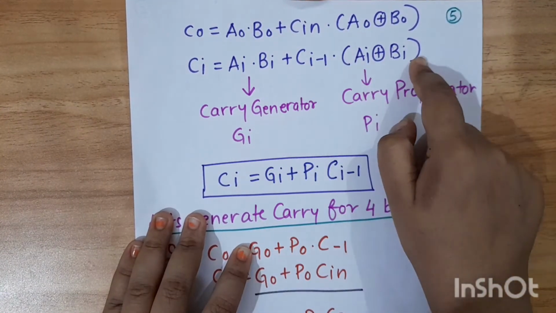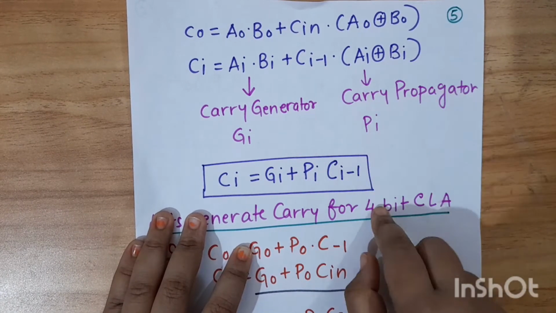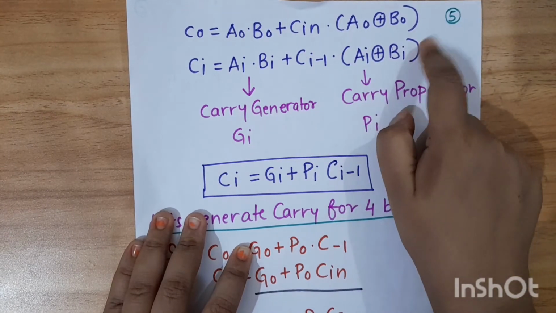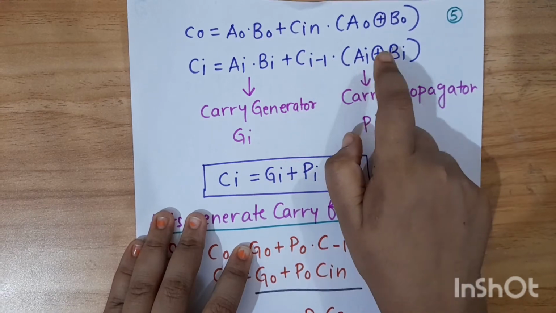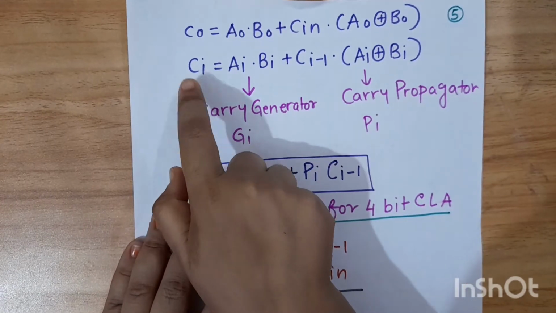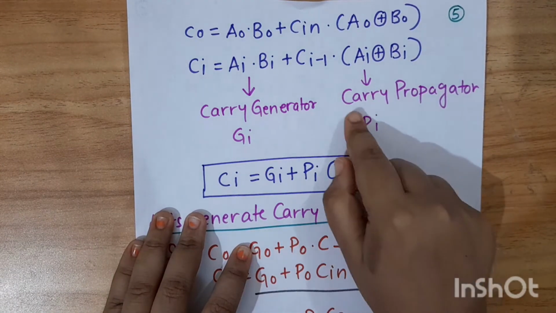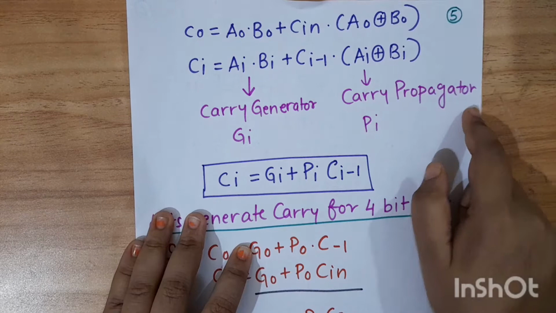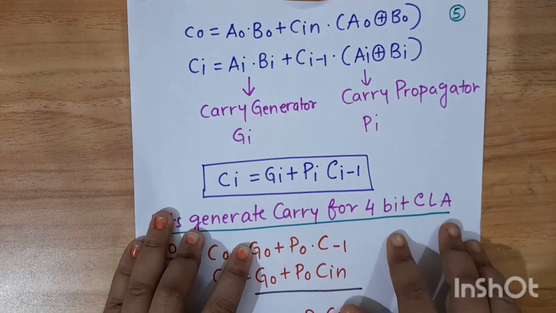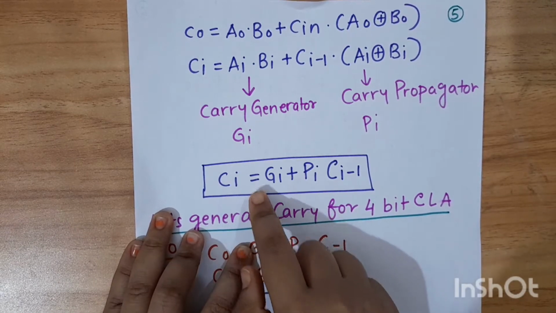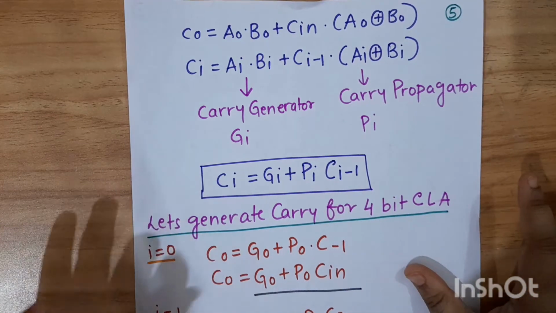While in the second term, Ci minus 1 dot Ai exclusive or Bi, this particular term is multiplied with Ci minus 1 to give Ci. So here there is a dependency on previous stage carry. So this is called the carry propagate and it's represented by Pi. So I write the equation like this: Ci is equal to Gi plus Pi multiplied by Ci minus 1.